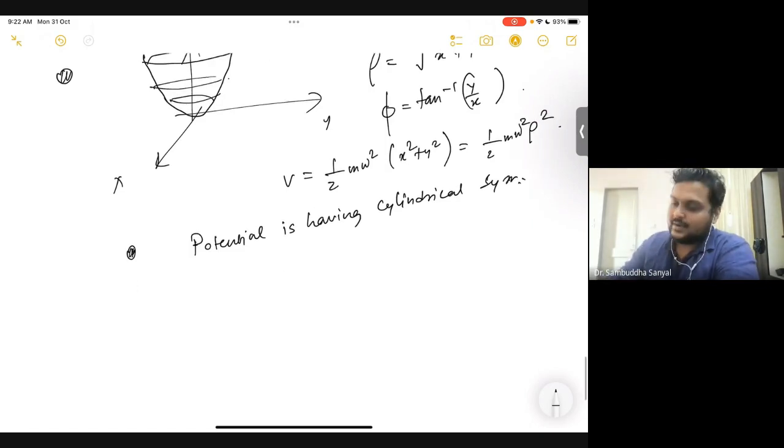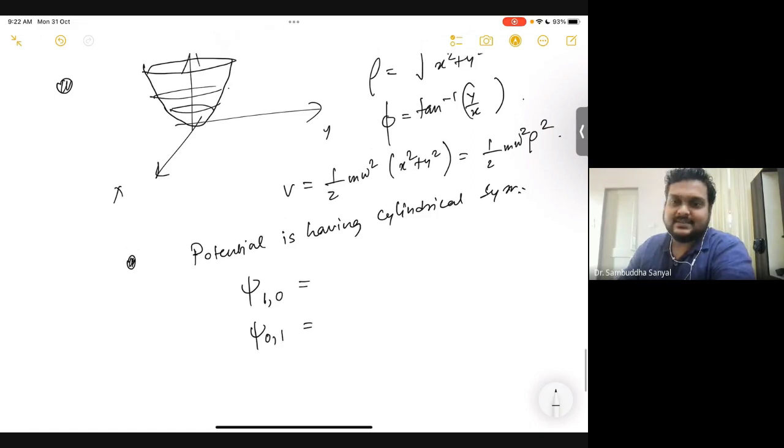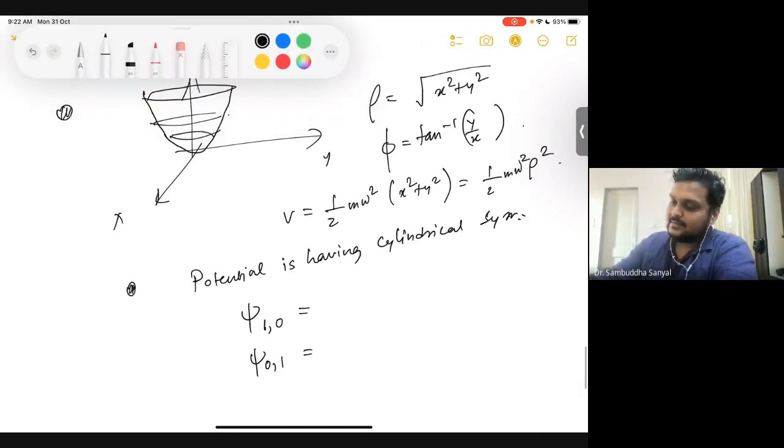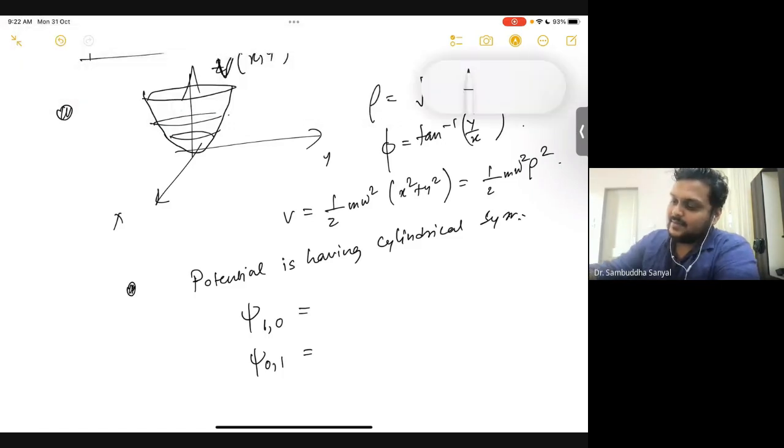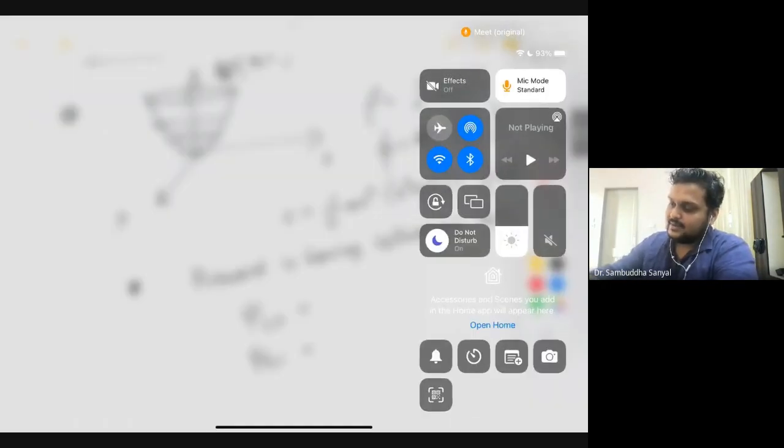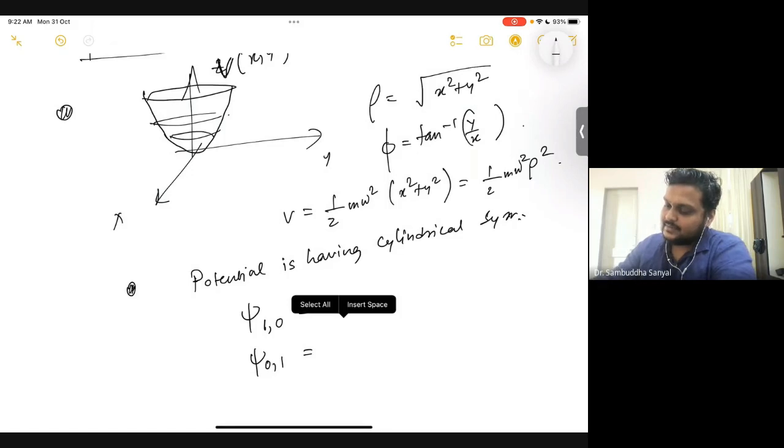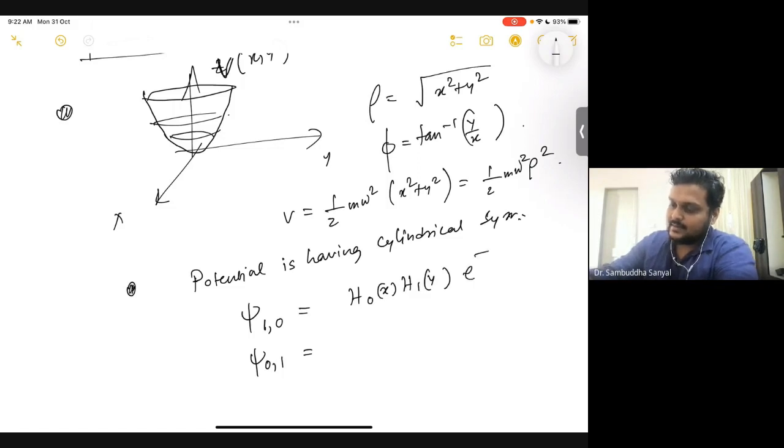Now if I look at the wave function, let's say I take psi 1 0 and psi 0 1. They don't have this symmetry, right? You can see it by plotting it, so I'm not plotting it right now. So psi 1 0 will be given by h0 of x times h1 of y, with some normalization.